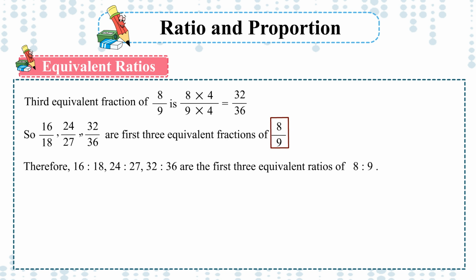Therefore, 16:18, 24:27, 32:36 are the first 3 equivalent ratios of 8:9.